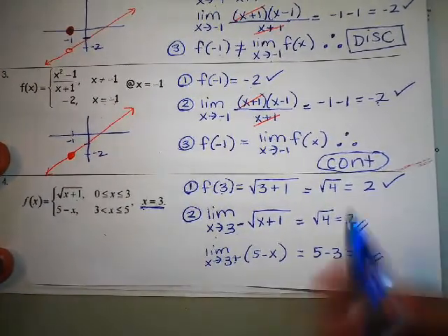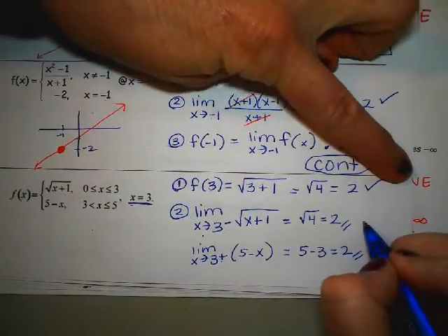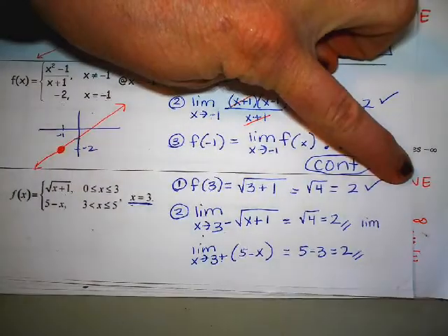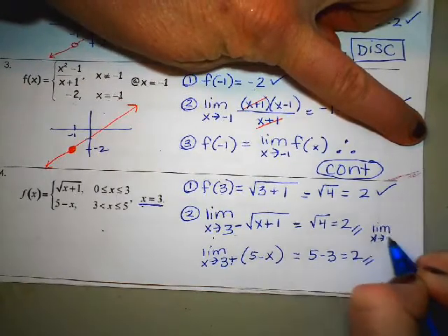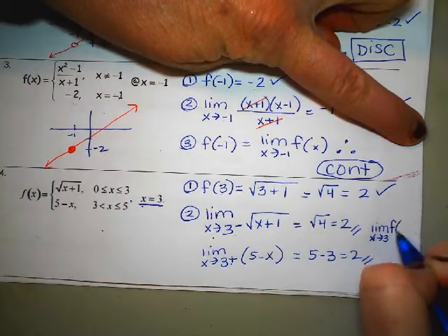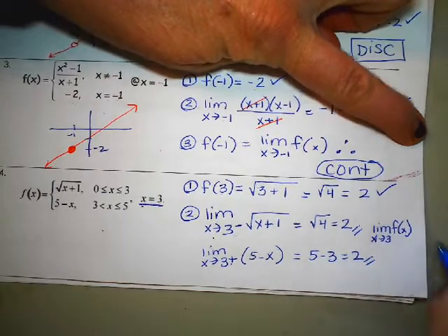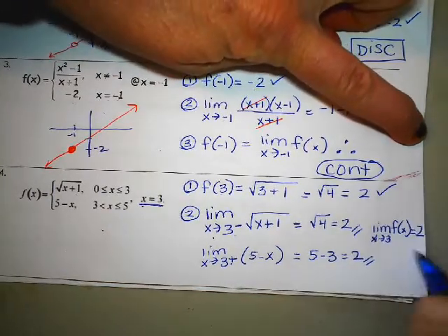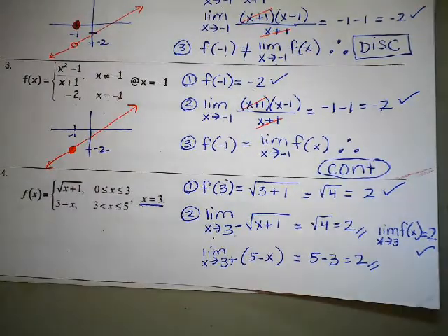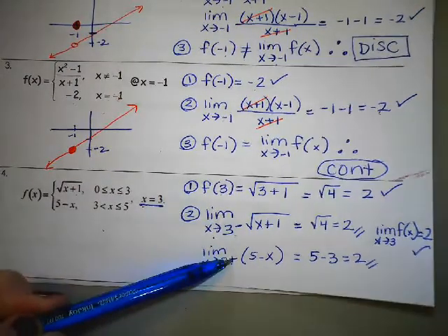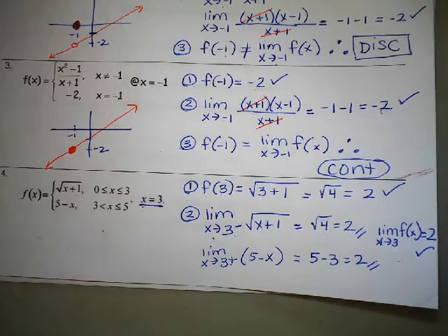And I'm noticing that they're the same. And so I would make a statement over here that the limit as x approaches 3 of f of x equals 2. Check mark. Okay, because step 2 is finding the limit. And since the left and the right limits were 2, that means that the actual limit is 2.